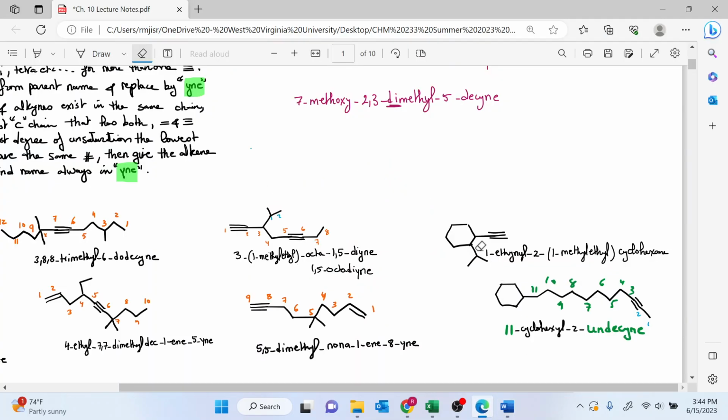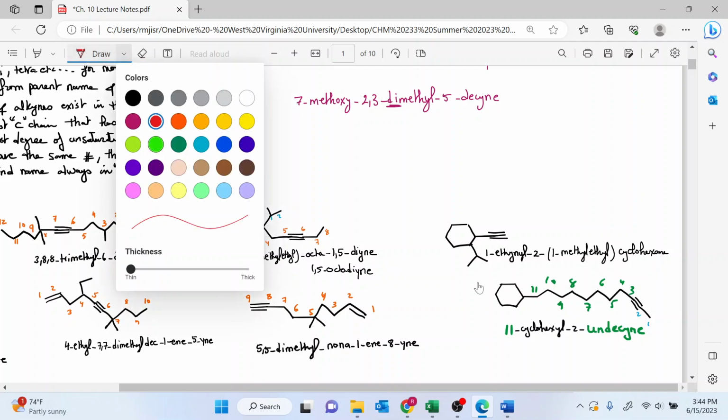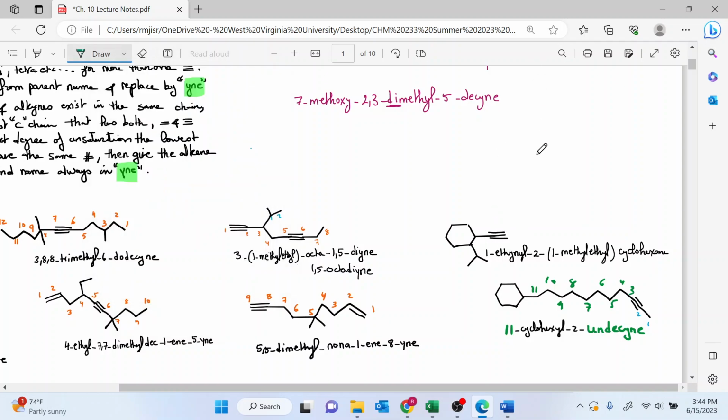Now, if we have a cycle and we have 2 substituents coming off the cycle, and one of the substituents is the triple bond, then we would need to give it the name ethynyl in this case. And your ending is going to be in the cycle. The reason why is because the cycle is 6 carbons in this case, and your triple bond is just a substituent.